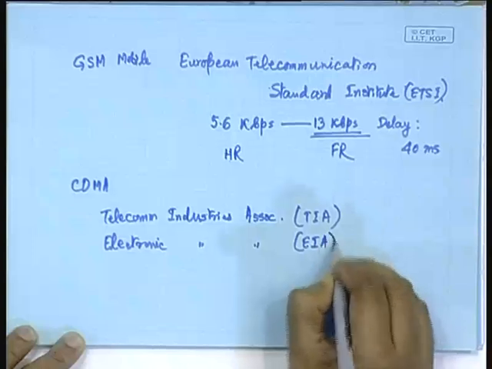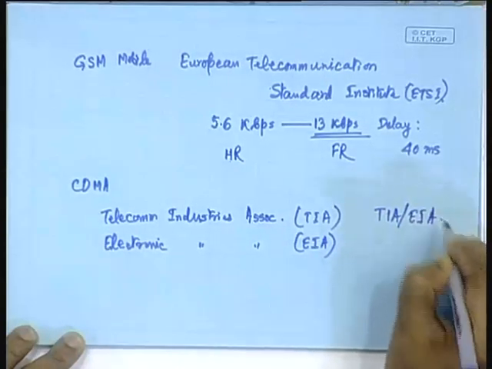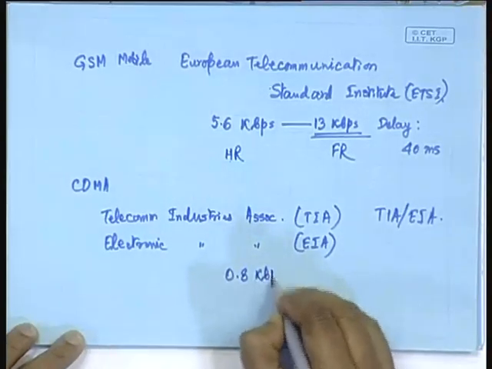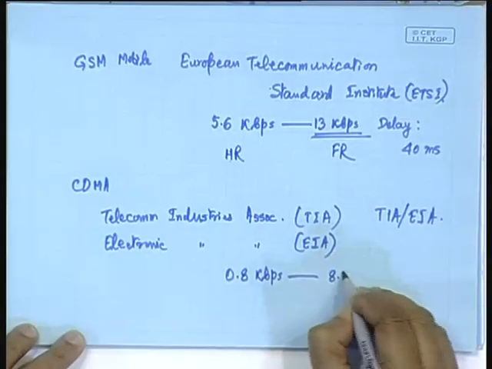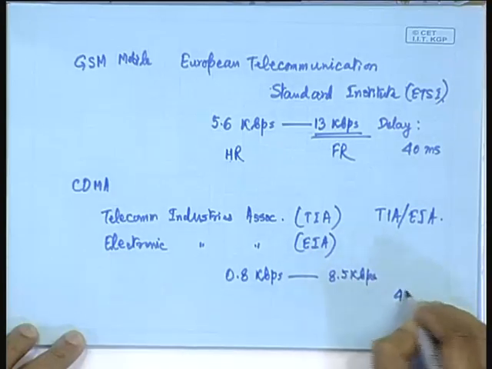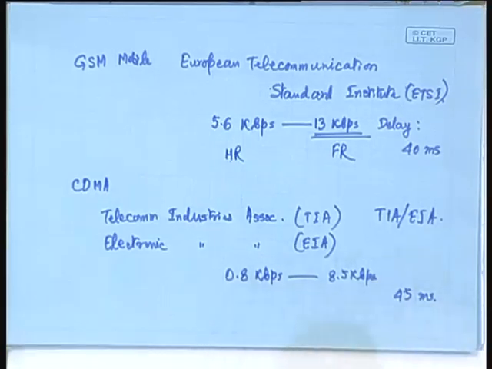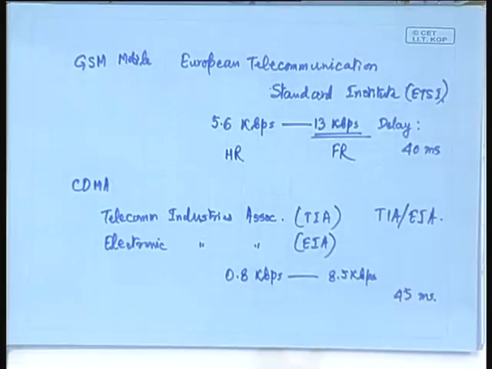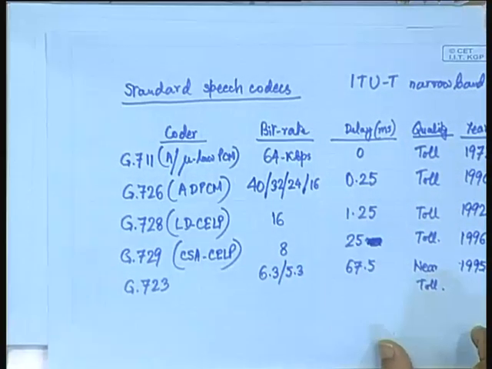They had jointly formulated the TIA/EIA standard, that essentially specifies a bit rate of 0.8 kbps, so it is really low at the lower end, up to 8.5 kilobits per second at the higher end, and the delay that we are talking of for CDMA, the code division multiple access, is 45 milliseconds, considerably high both for GSM as well as for CDMA, and also for very low bit rate codecs what ITU-T have proposed.